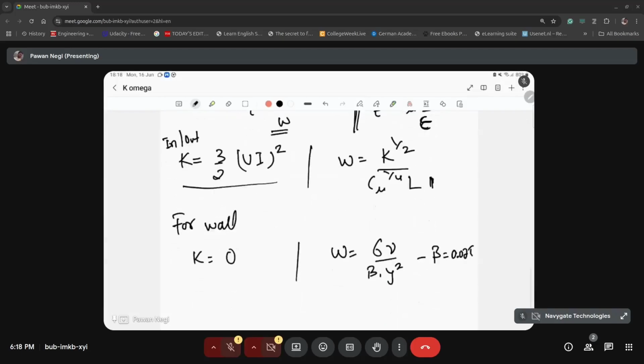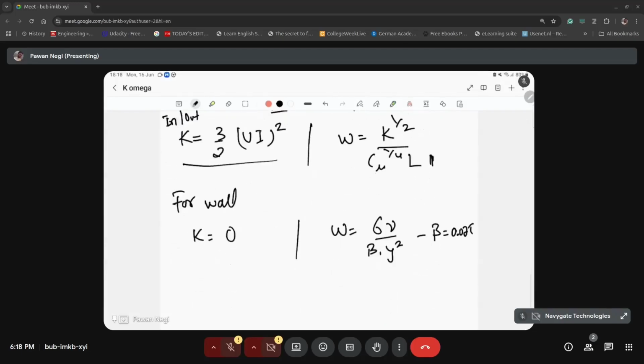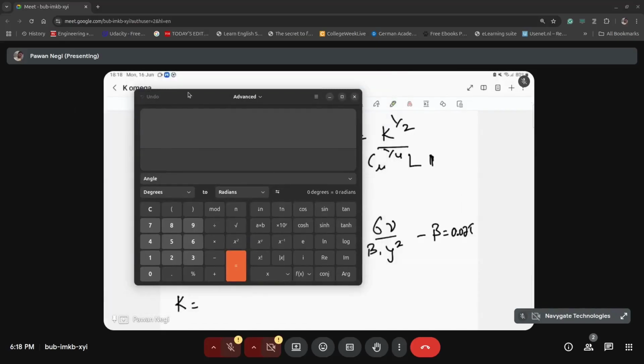So let's first calculate all these values for our case. K we have already calculated. Anyway, let's calculate that again. K is 3 over 2, u is 0.54 times I is 0.05, this whole thing squared, times 1.5, and this is equal to 0.0010935.